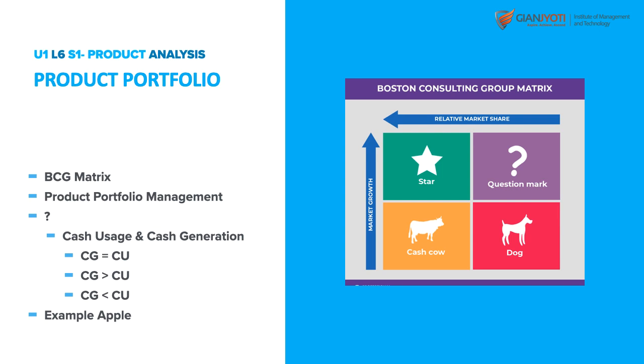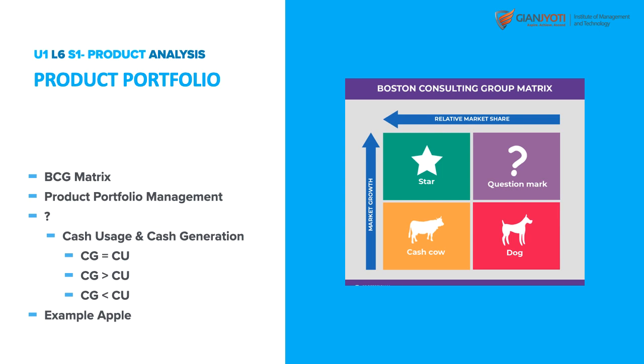We talked about the market share. So you put the product over there if the market is growing but your share for that product is not growing. Then the market is not growing but your market share is increasing. That means your market share is growing whereas the market is mature enough and is not growing any further.